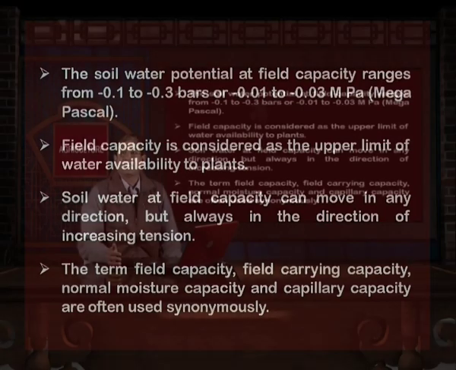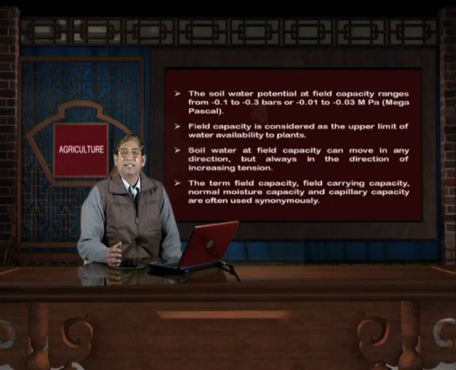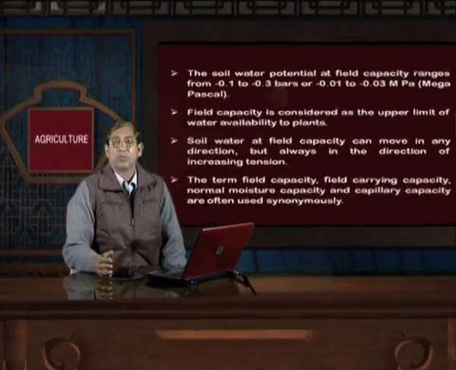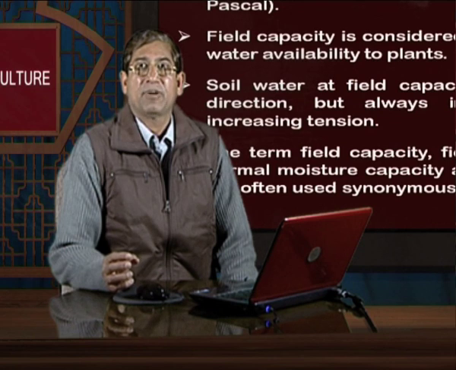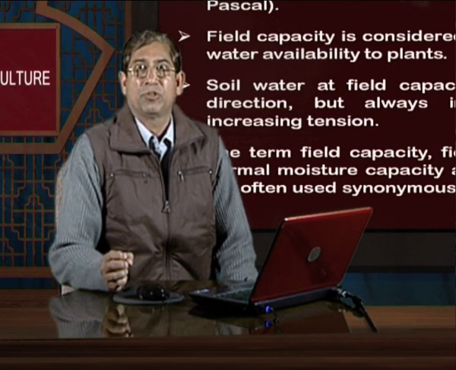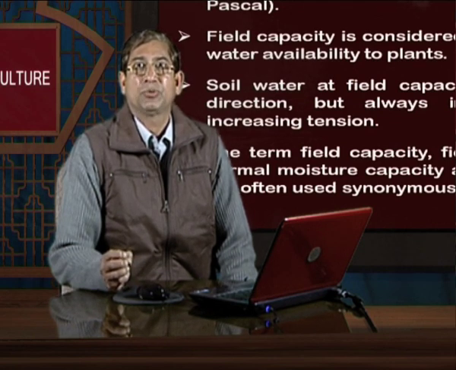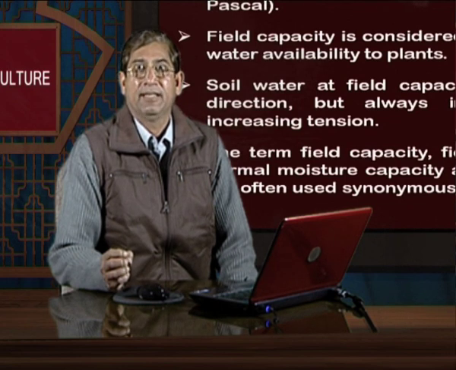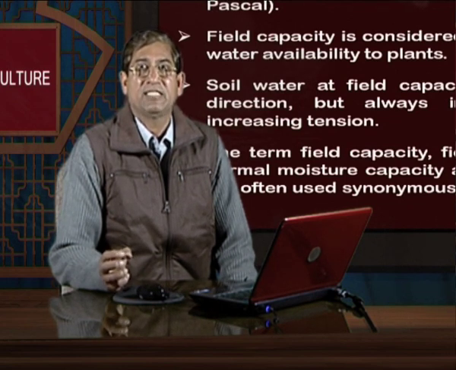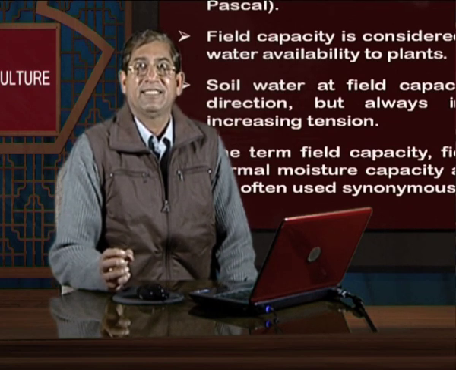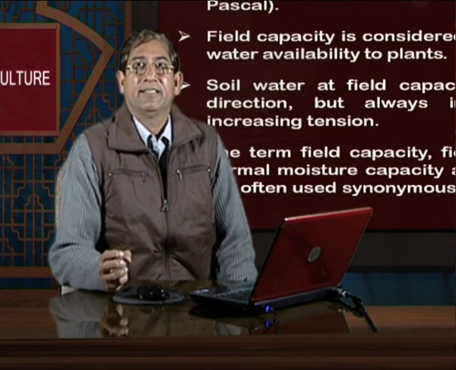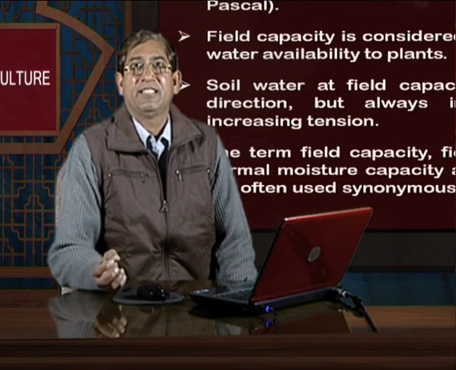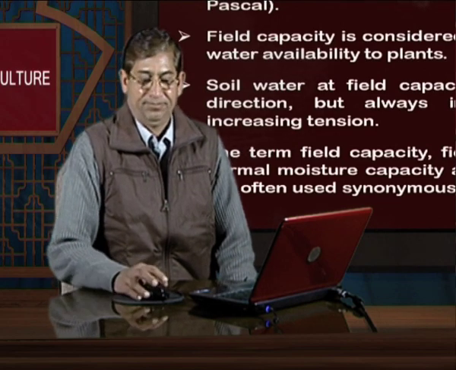In case of field capacity, generally the water is retained by micropores, and the force with which water is retained in micropores is almost equivalent to that of the gravitational force. Because of this equivalence in forces, the water is retained in the micropores, and this water is generally used by the growing plants.